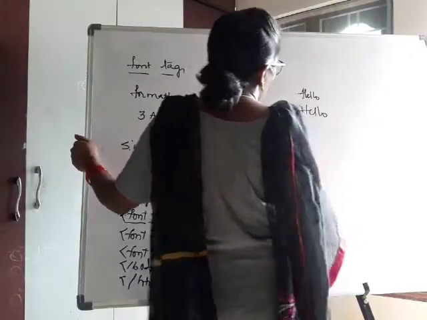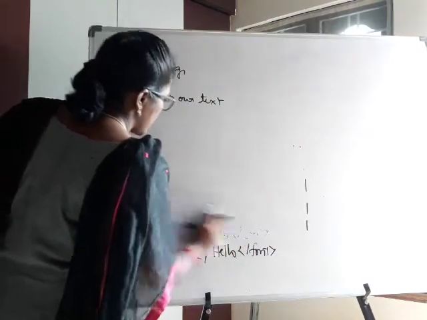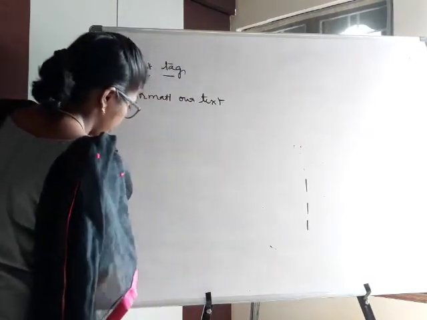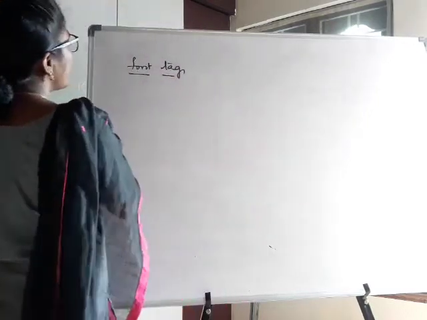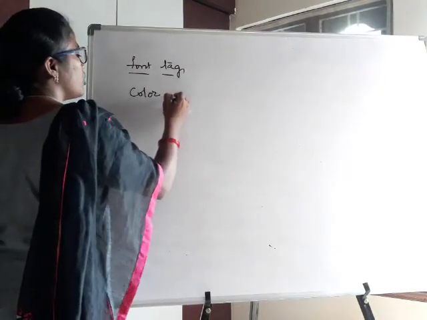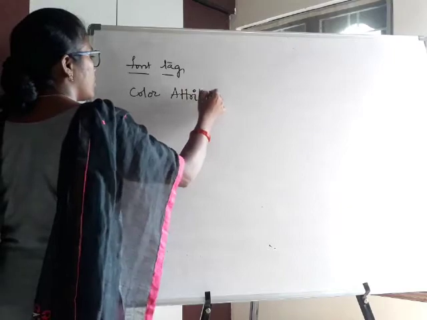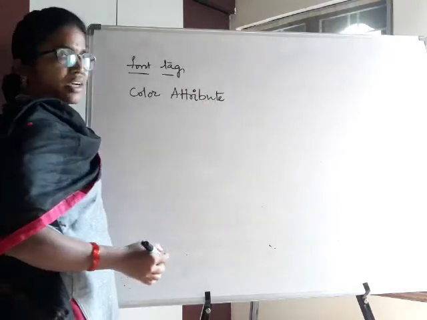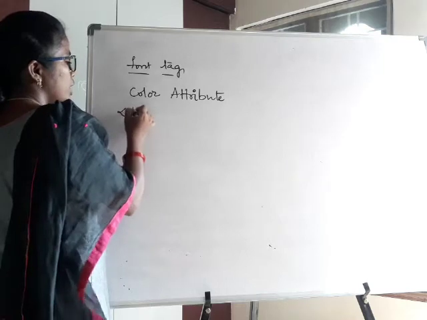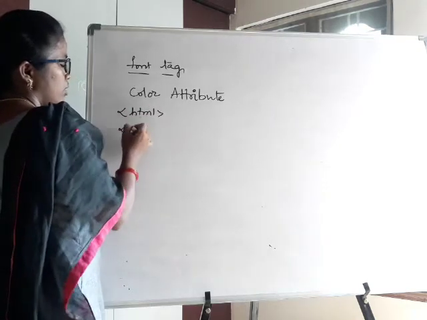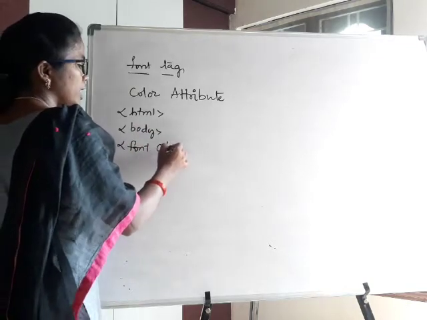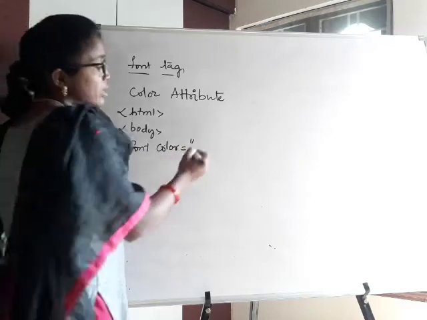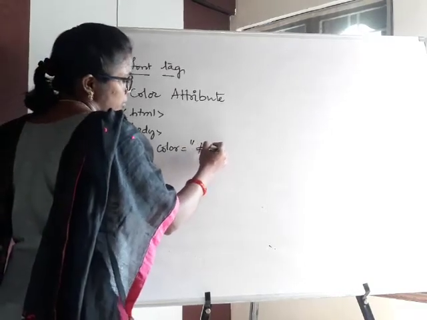Okay, next we'll continue with color tag. Font tag with color attribute. So HTML, body, font color equals to, listen here, here we can give a hexadecimal value, right?